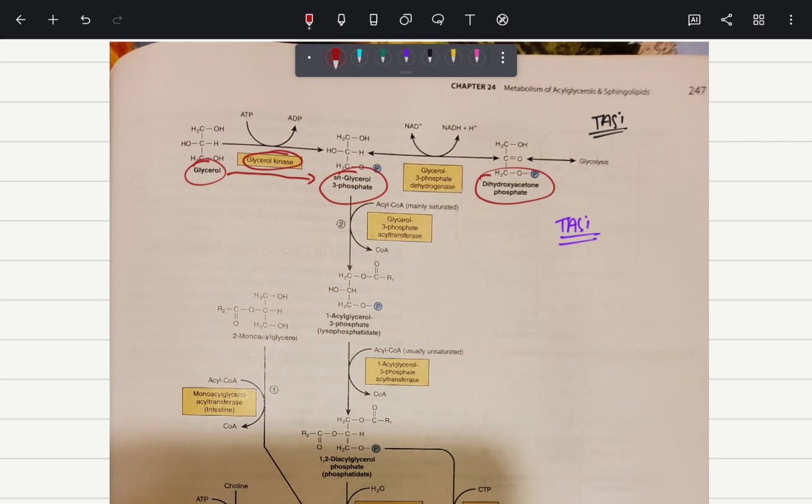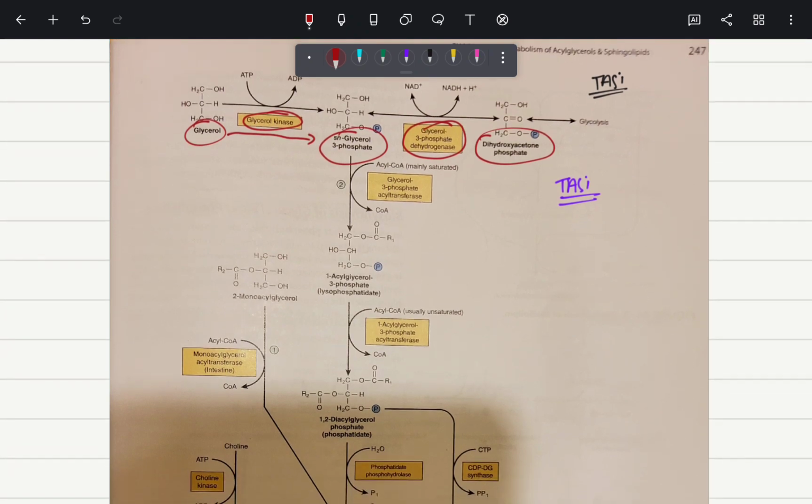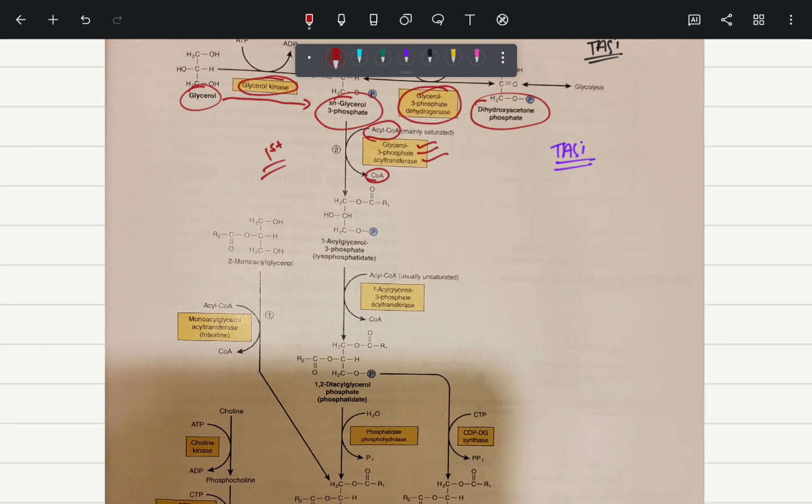Whereas in the case of dihydroxyacetone phosphate, it is glycerol 3-phosphate dehydrogenase which will convert it into glycerol 3-phosphate. And there will be a first acylation here where the acyl CoA will donate the acyl group and get converted into CoA, and the enzyme responsible is your glycerol 3-phosphate acyltransferase, which will transfer the acyl group to the first carbon. Hence there will be one acyl group on the first carbon and the phosphate on the third carbon. Hence it is called your 1-acylglycerol 3-phosphate.